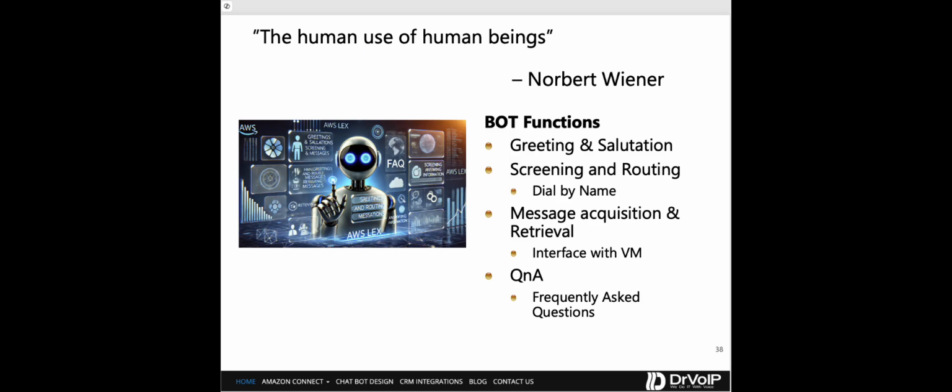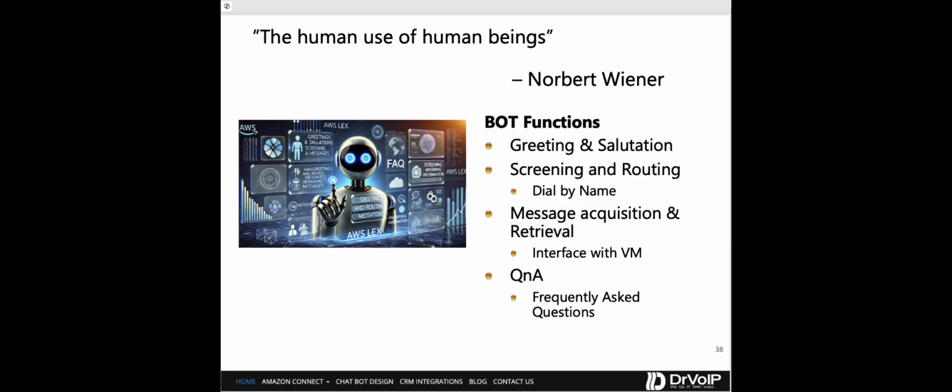Norbert Wiener, for you younger folks, was an early computer scientist, actually a mathematician, and he coined the expression the human use of human beings. In fact, he wrote a book entitled The Human Use of Human Beings.